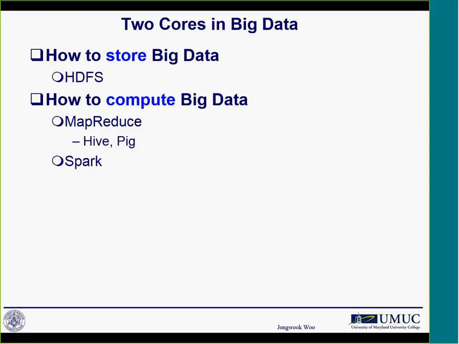And these days, after Spark came out, Spark is actually replacing MapReduce because Spark is 20 to 100 times faster than MapReduce. Even the number of lines of code is also 20 to 100 times smaller. That's why people are crazy about Spark.